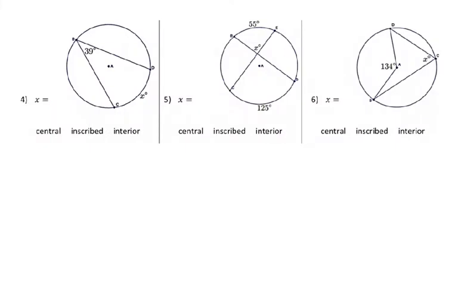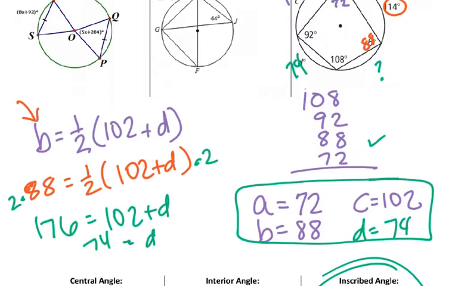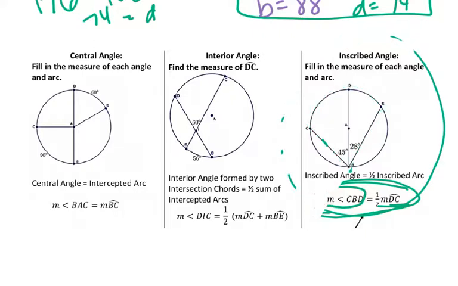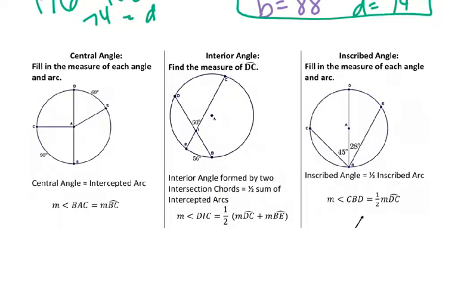Okay, moving to the next one. Number 4, the vertex of the angle is on the circle. So if you look back at where we had these descriptions, which one does that look like? Okay, hopefully you thought that it looked like the inscribed angle. The vertex is on the circle.